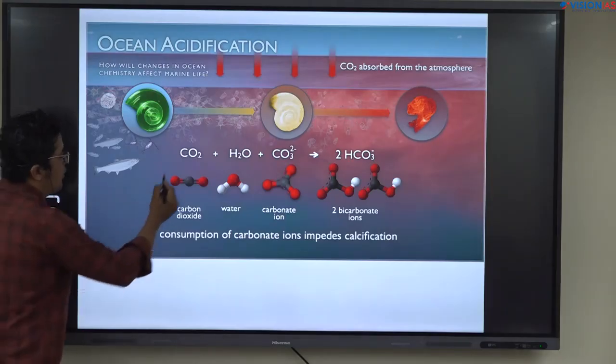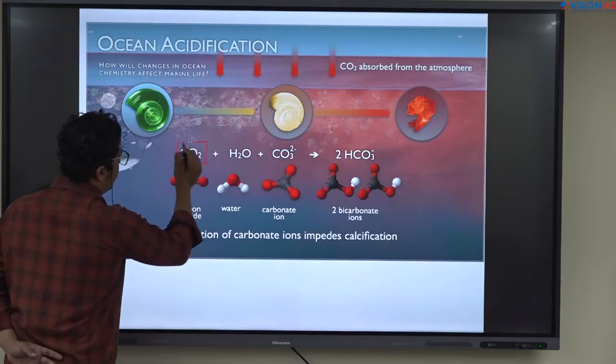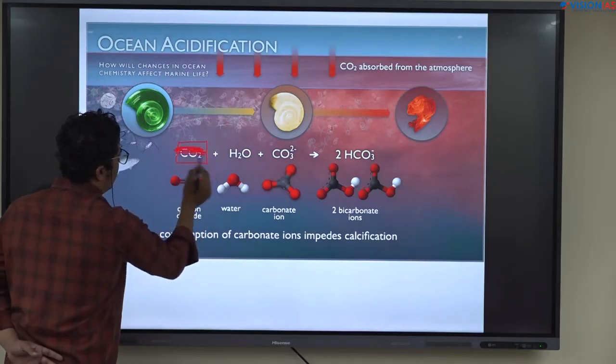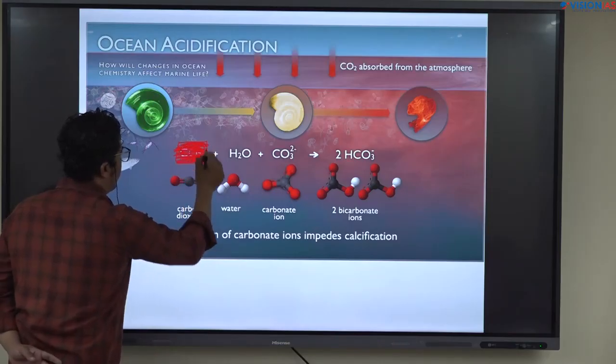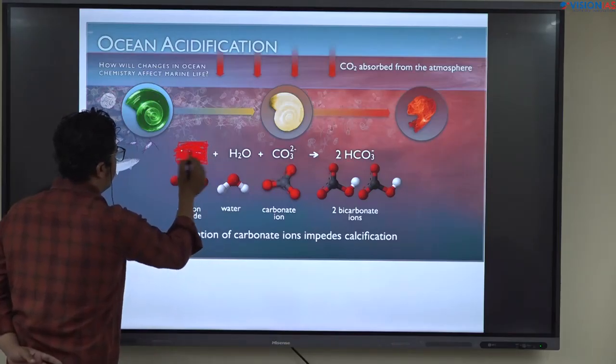Look at this image. Ignore carbon dioxide for the time being. There's no carbon dioxide. Ignore it for the time being.